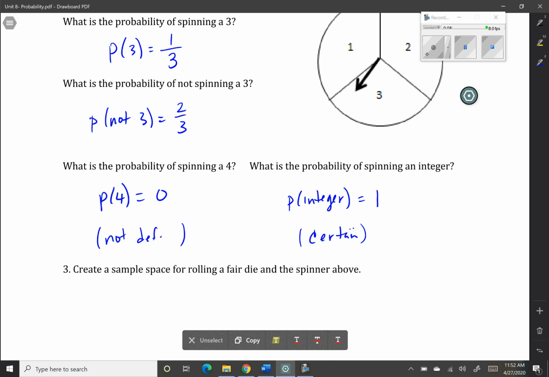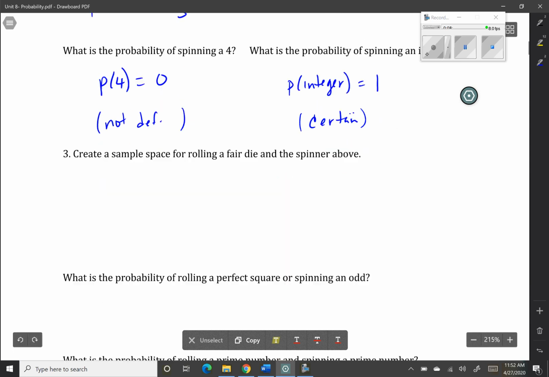All right. Number 3 says create a sample space for rolling a fair die and a spinner above. So for a fair die, we can get a 1, 2, 3, 4, 5, or 6. And then for the spinner, we can spin a 1.